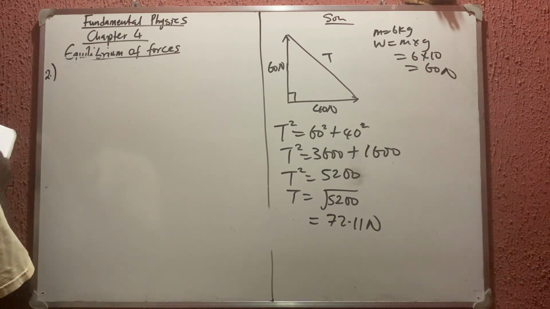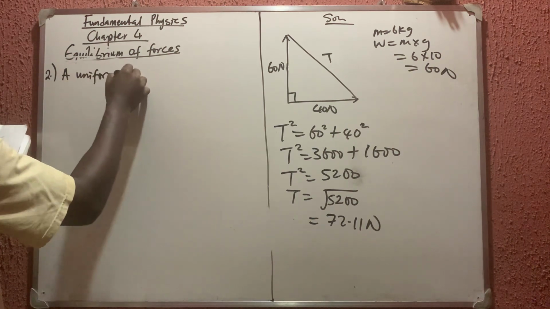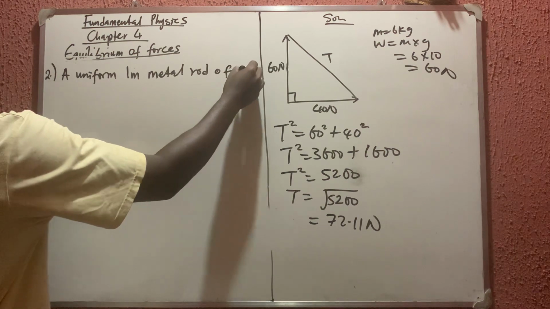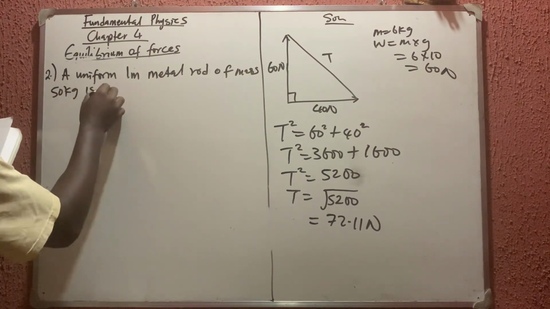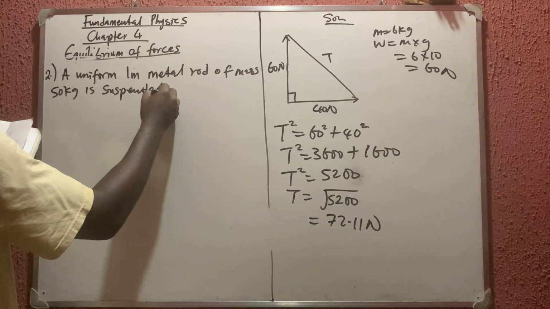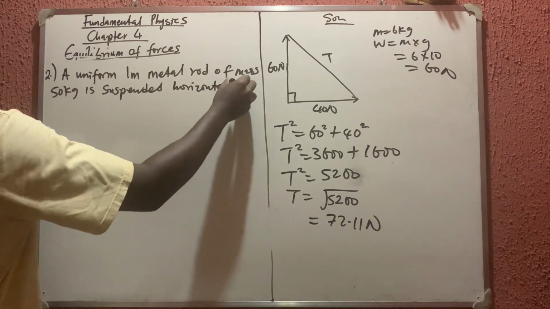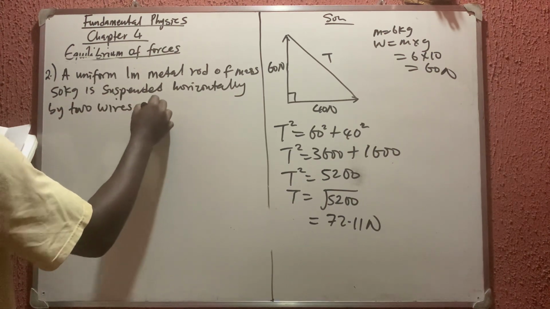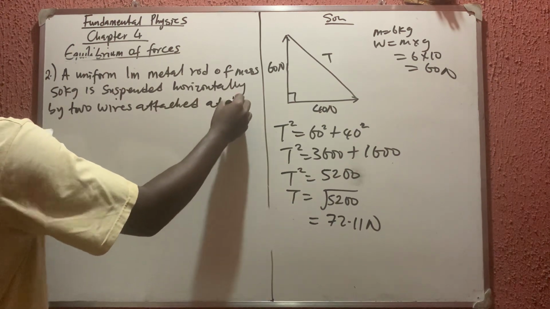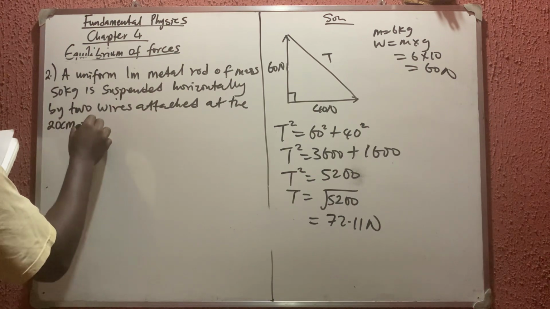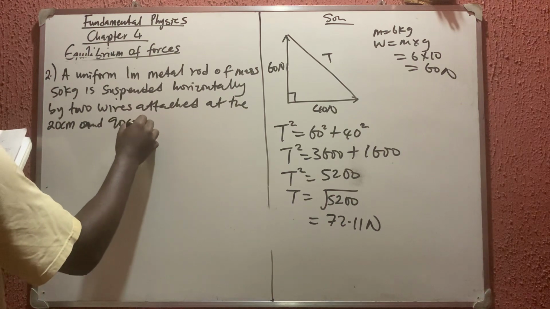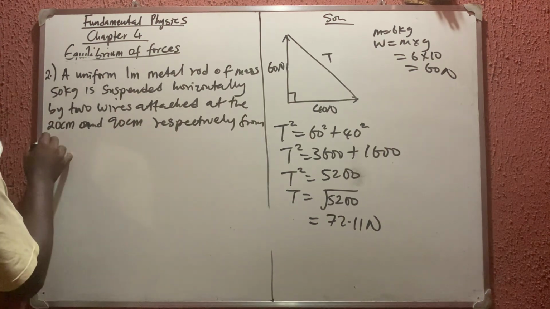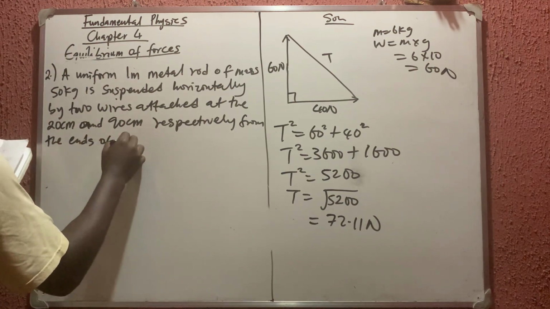So we're going to solve the calculation of number 2, which said a uniform 1 meter metal rod of mass 50 kg is suspended horizontally by two wires attached at 20 cm and 90 cm respectively from the ends of the rod.